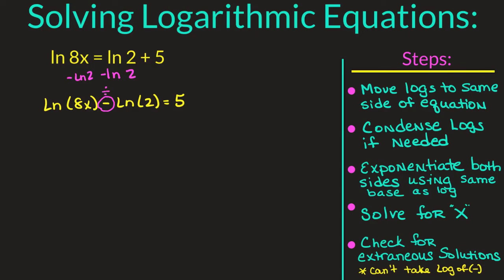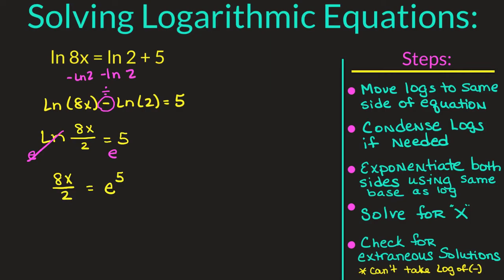So we'll have ln of 8x over 2 equals 5, and then we're going to exponentiate, or the inverse of ln is an e on both sides, so ln and the e cancel, leaving us with 8x over 2 equals e to the 5th power.